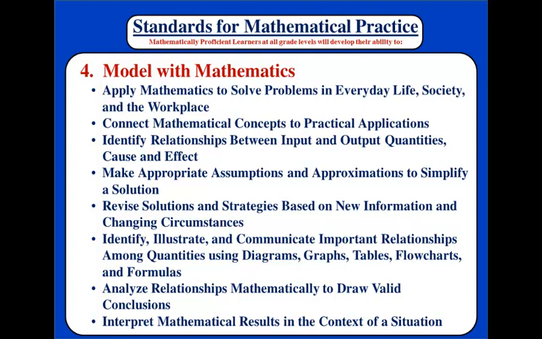Sometimes we get a situation that's too complex, and so we will model that with a simpler model. Perhaps we have some data points that are not really in a straight line, but they're close enough to a straight line. We can simplify that to a straight line model that we can use effectively to model the situation.